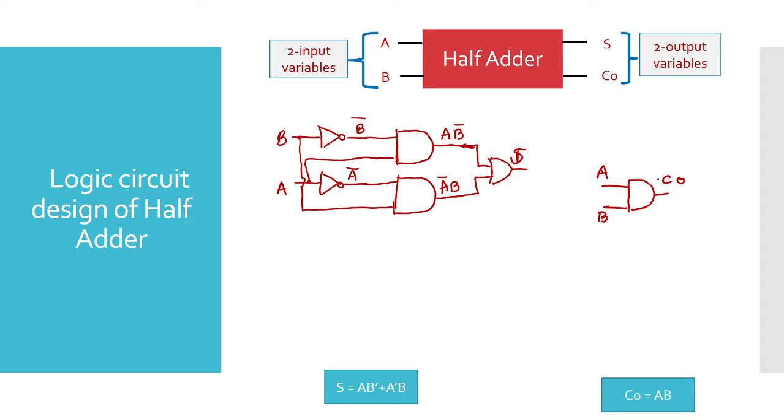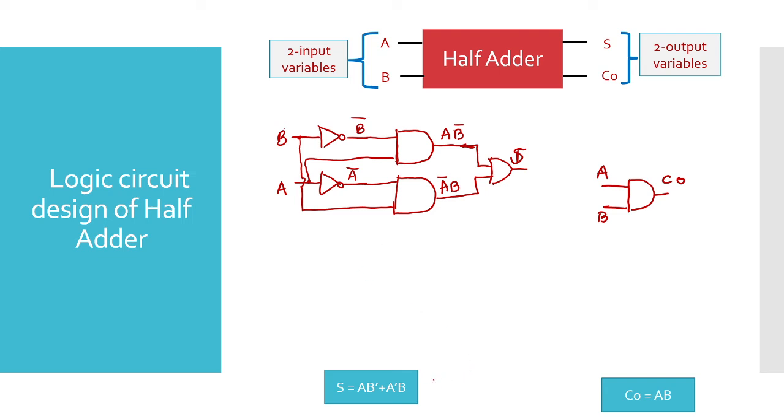You know that two outputs were there. Now you have two logic circuits, one for S and another for C0, and no term is common here, so you can just combine these two circuits and you will get the half adder.